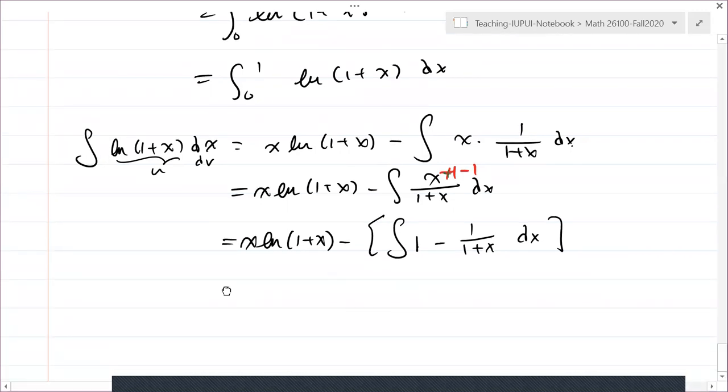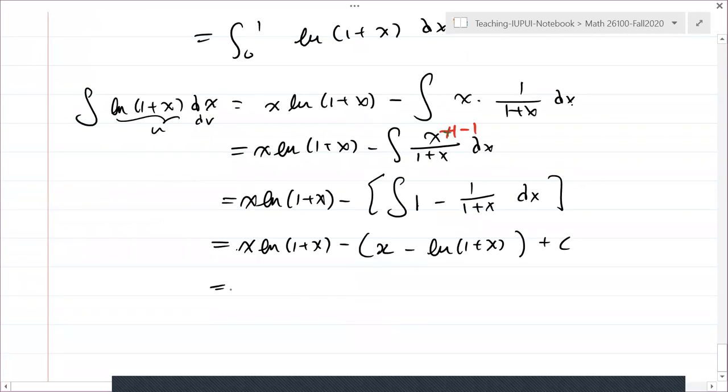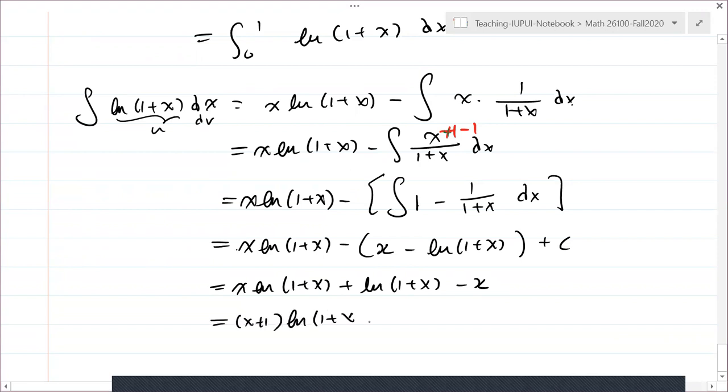So the antiderivative of 1 is x, minus natural log of 1 plus x. Okay, so we find the result. It's pretty complicated. Plus natural log of 1 plus x and minus x. I can even combine them, x plus 1. Okay, so that's it. So this is the antiderivative.